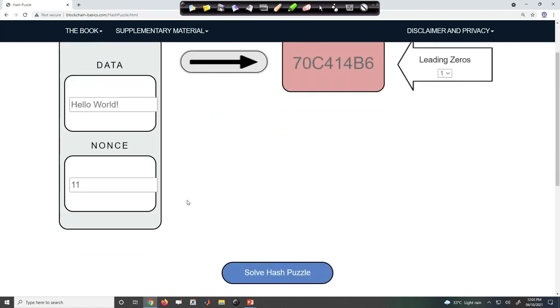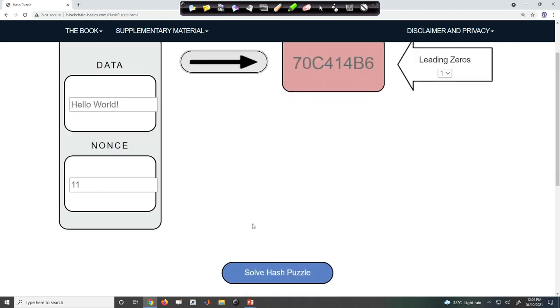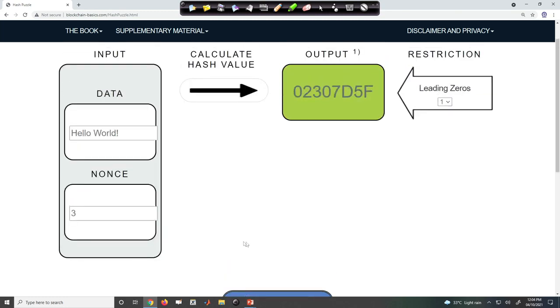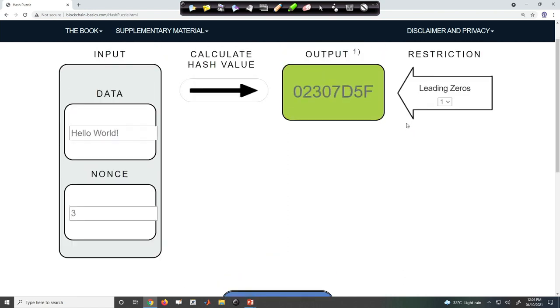So, then let us use this solution that the site offers, solve a hash puzzle, and it shows that if I choose a nonce of 3, indeed the first hexadecimal digit is 0 and it is satisfying this requirement that the number of leading zeros is 1. But you see that it was done very easily. I tried deliberately with 1, 2 and so on, and I skipped 3, and if it was chosen as 3, I would have got the correct answer.